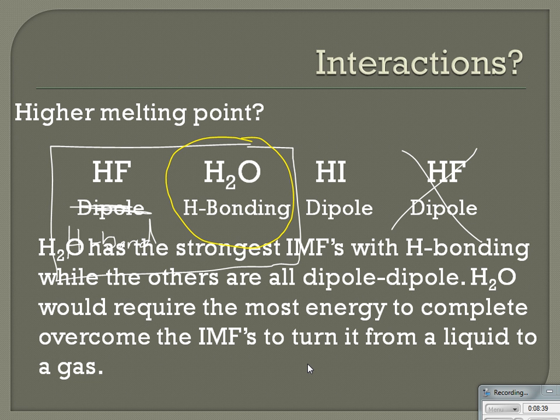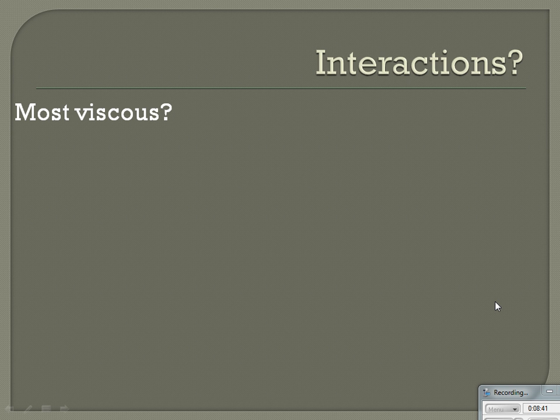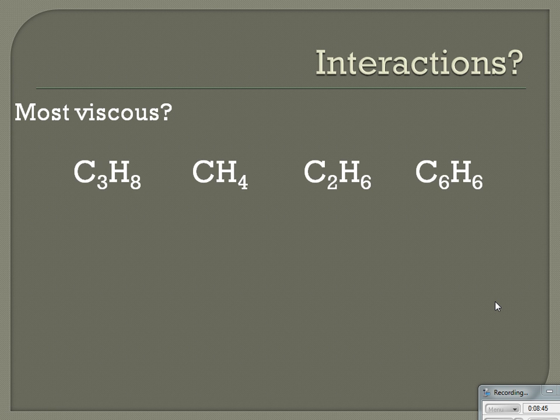gas. Most viscous. Viscosity is the resistance to flow. Here again you have C3H8, CH4, C2H6, and C6H6. They are all London. So then what is the answer again? With all of these different characteristics of liquids, except for vapor pressure and volatility, the higher the property usually refers to the higher the IMF.